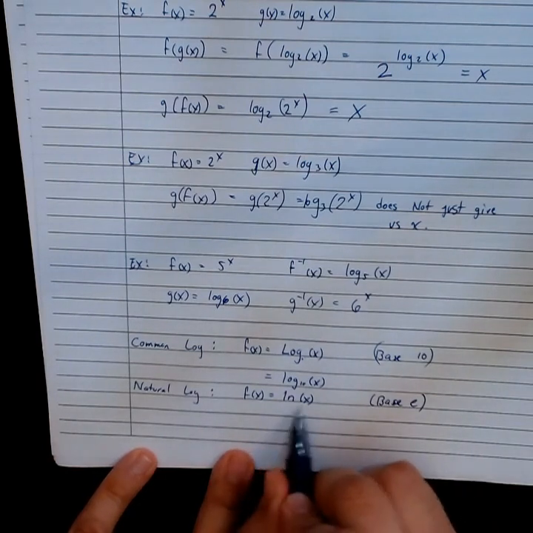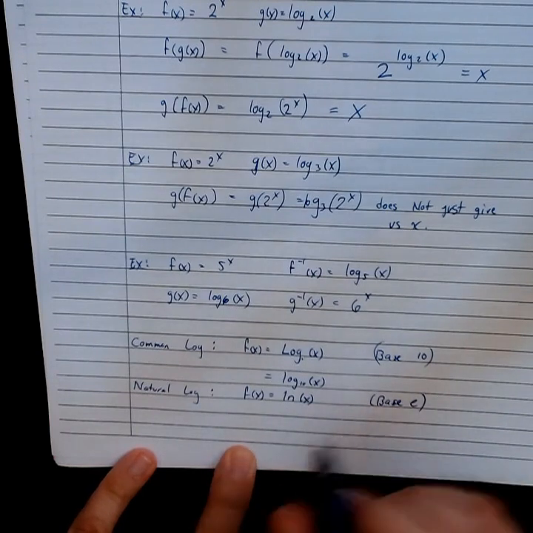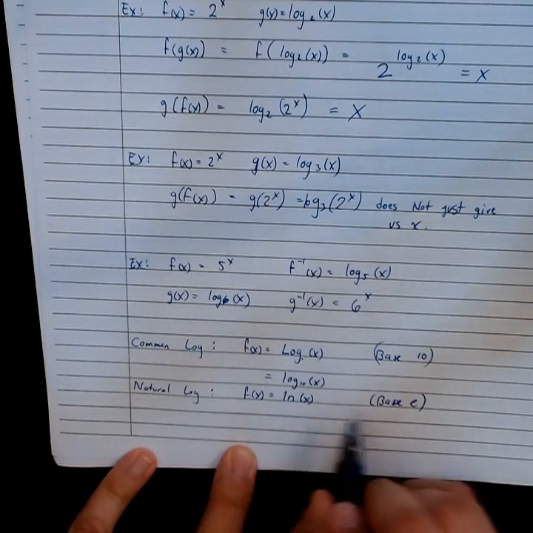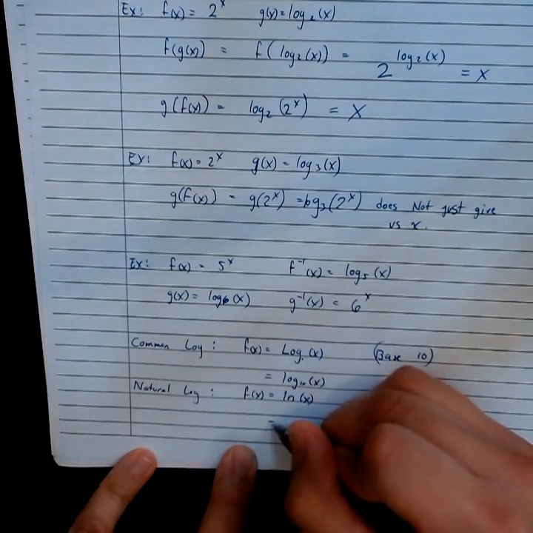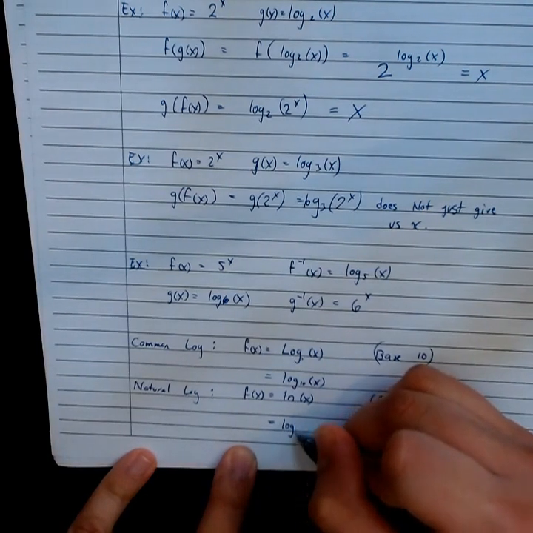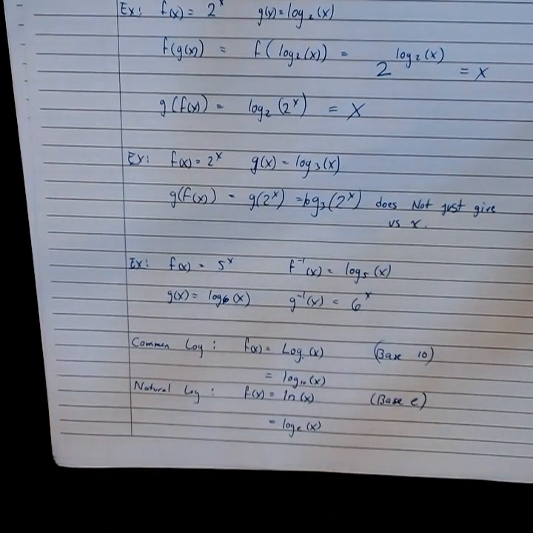There are some special properties of the natural logarithm which make it useful over other logarithms, but for now we're just going to treat this as another logarithm that happens to have a specific base. So here, this is log base e of x. That's what the natural log means.